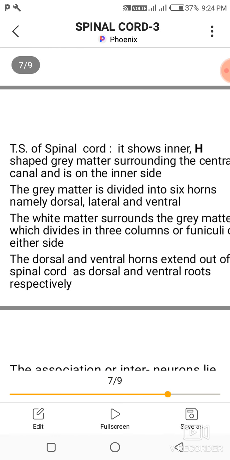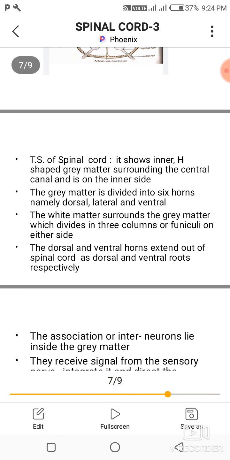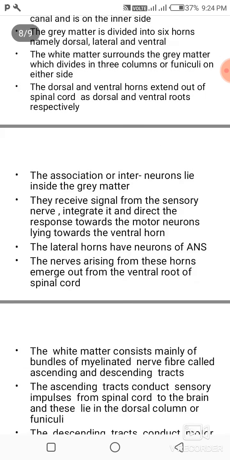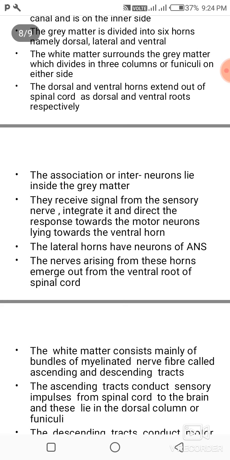The white matter surrounds the grey matter, which divides into 3 columns or funiculi on either side. The dorsal and ventral horns extend out of spinal cord as dorsal and ventral roots respectively. An association neuron or interneuron lies in the grey matter.